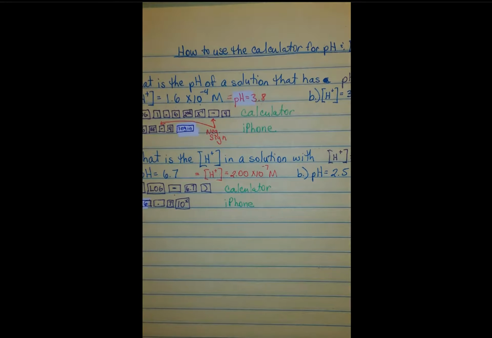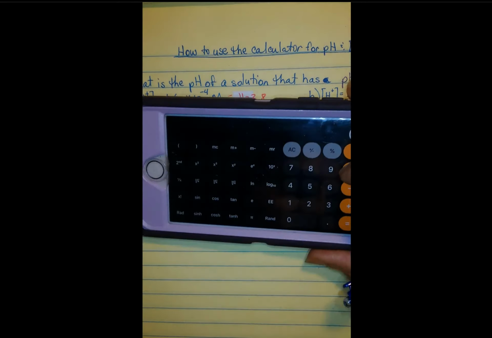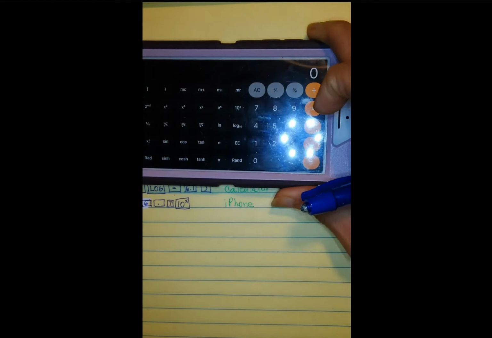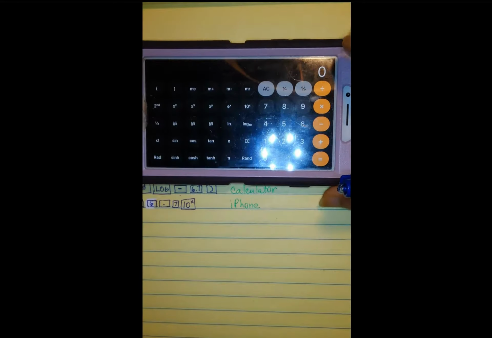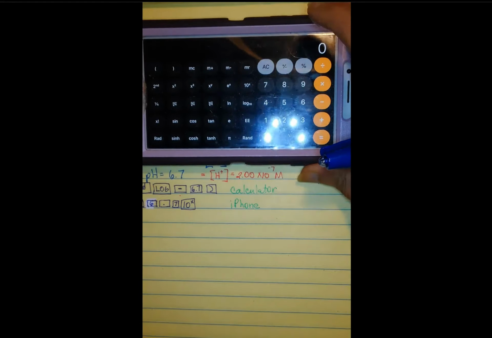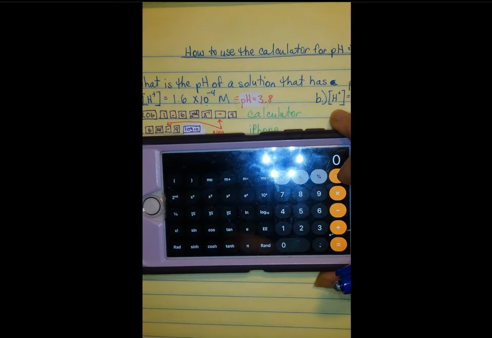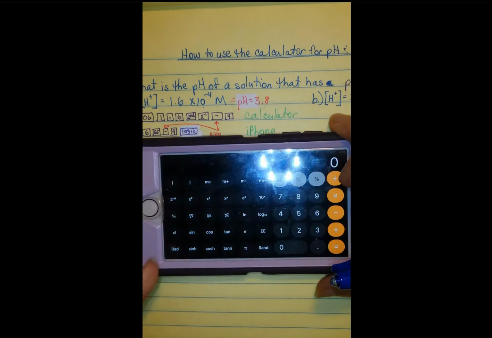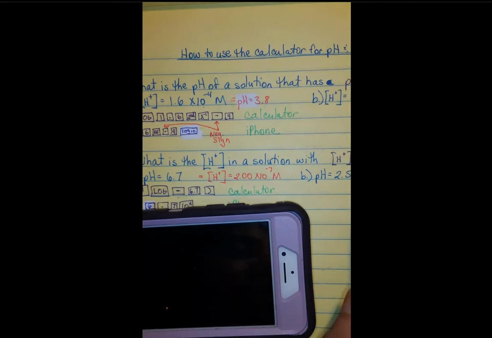If you want to use your cell phone calculator instead, it's also still pretty easy to use. Remember that your equation is 10 to the negative pH.